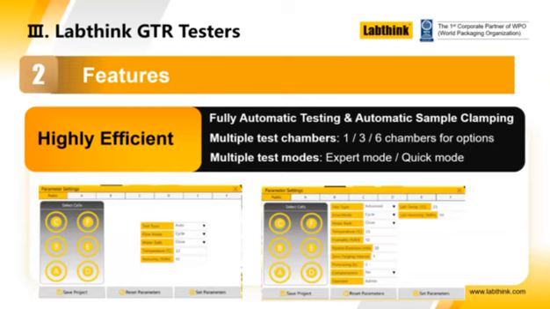So the quick mode is basically you would just tell the instrument what temperature you want to run the test, and put in some other choices of what test cycle type you're going to follow. But basically, you literally only have to put in 1 or 2 parameters and press the start button, and everything else is fully automatic.